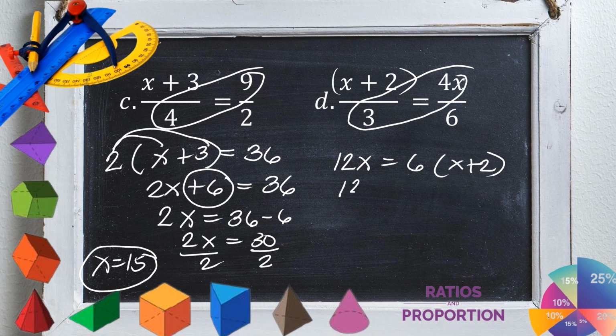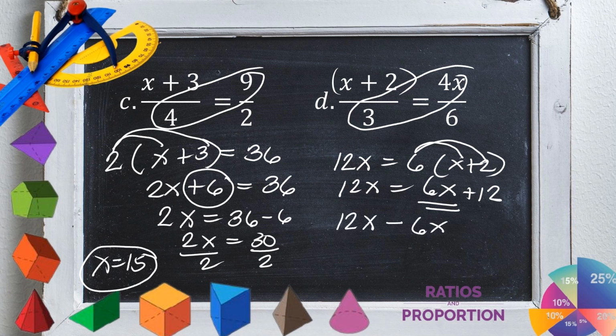So 12x is equal to, by distributive property, 6 times x, 6x, and 6 times 2, that is 12. So we're going to transpose the 6x, and this will become 12x minus 6x. We combine the variables, equals 12. That is equivalent to 6x equals 12. Dividing both sides by 6, the value of x is 2.